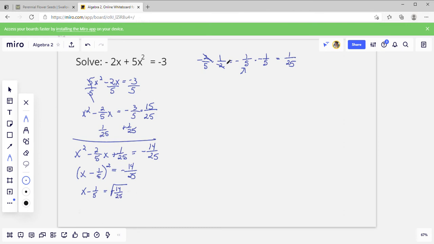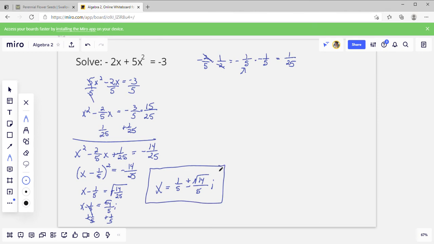Then we're going to use i to represent that, so x minus 1/5 equals the square root of 14 over 5 i, and then we just add 1/5, and we get x equals 1/5 plus or minus the square root of 14 over 5 i. So just like we've been doing them, except we have to change that to i to get rid of the square root of negative 1.